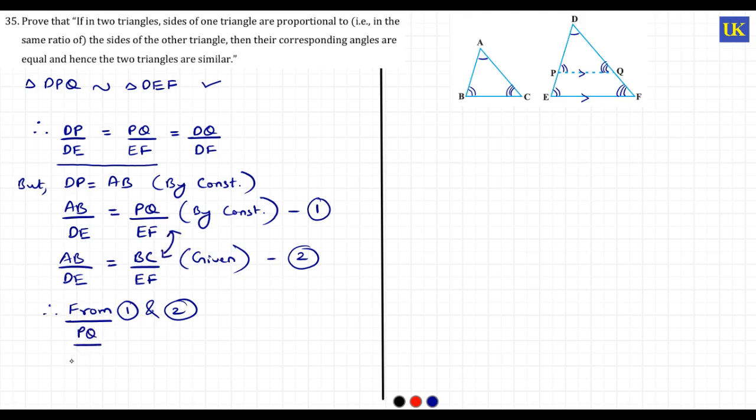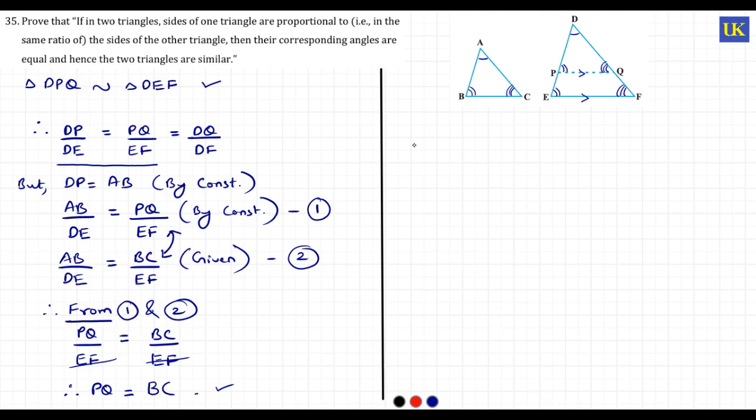So PQ upon EF will be equal to BC upon EF. Both these denominators I will knock off, and we will be left with PQ equal to BC. So here what we prove is that PQ is equal to BC.